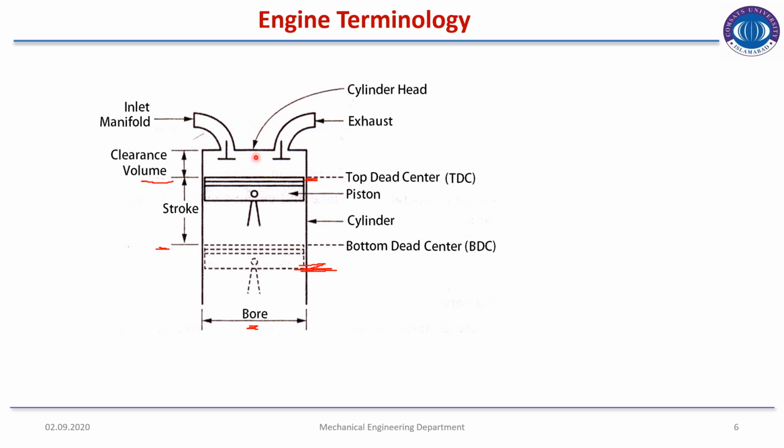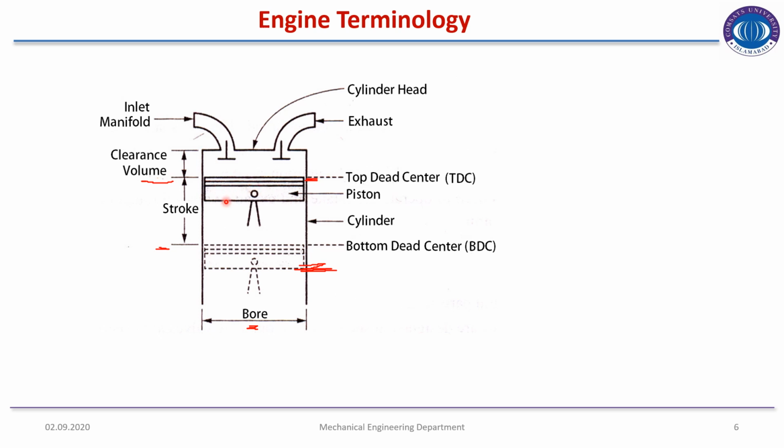Then there will be a process of combustion, and with the process of combustion, that working fluid will expand because there is a huge amount of energy that will be released corresponding to the combustion process.